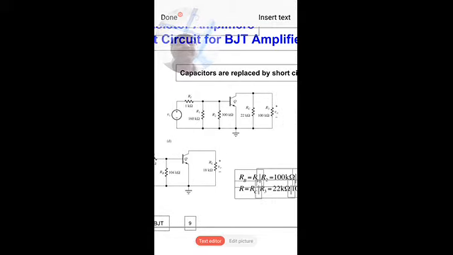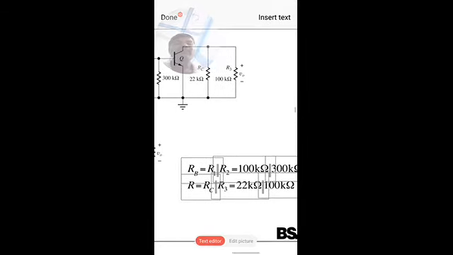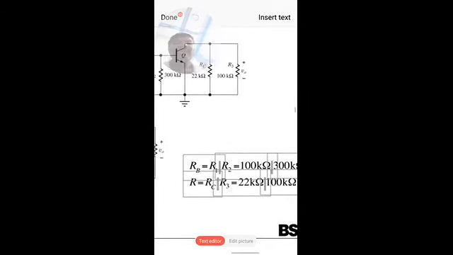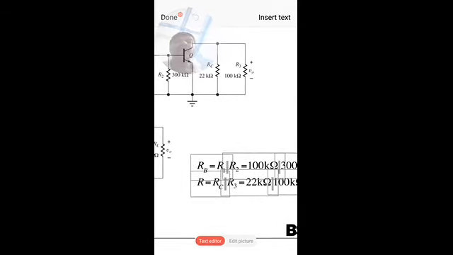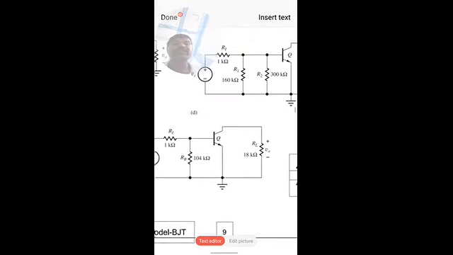Similarly, on the output side RC and R3 are in parallel from collector to emitter. The parallel combination of 22 kilo ohms and 100 kilo ohms becomes 18 kilo ohms load resistance.